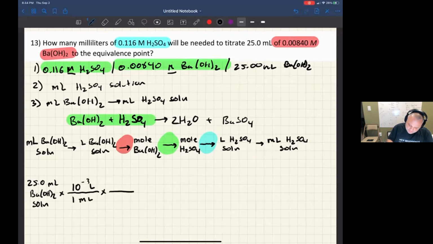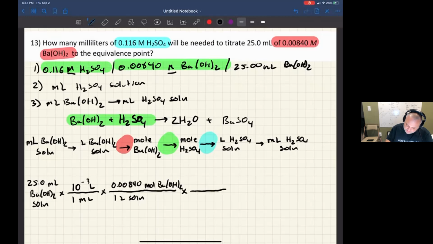And now I'm going to use that first molarity. The 1 liter of solution for barium hydroxide was 0.00840 mole of barium hydroxide.